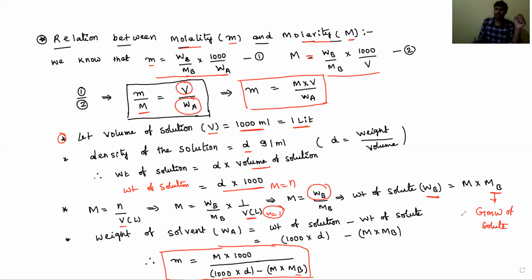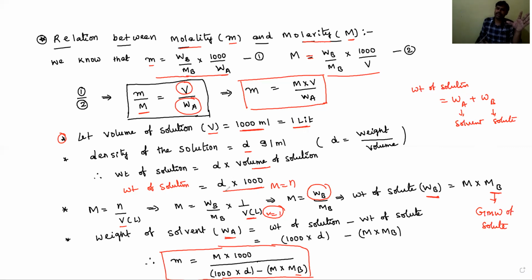Okay, students. So now the weight of solvent. We know that weight of solution is equal to weight of solvent plus weight of solute. WA is the solvent and WB is the solute. The weight of solution is D into 1000, or 1000 into density, and the weight of solute is molarity into gram molecular weight of solute.